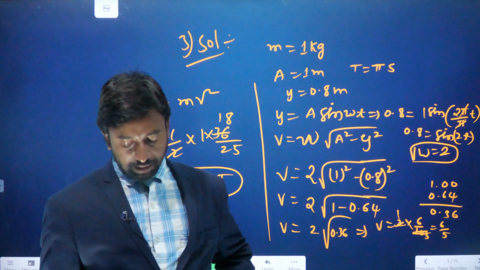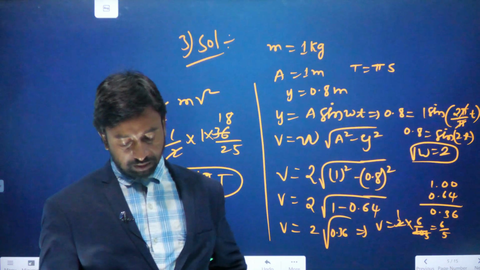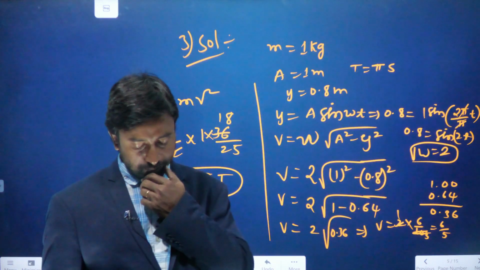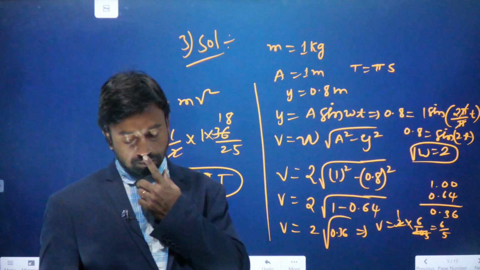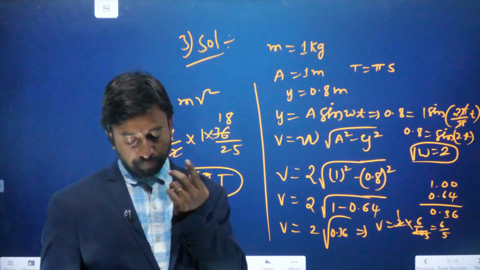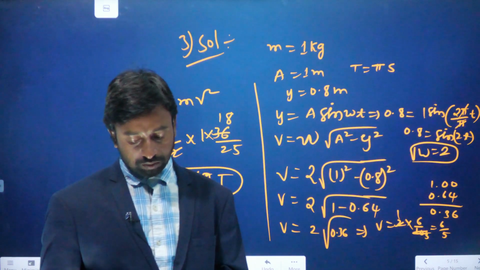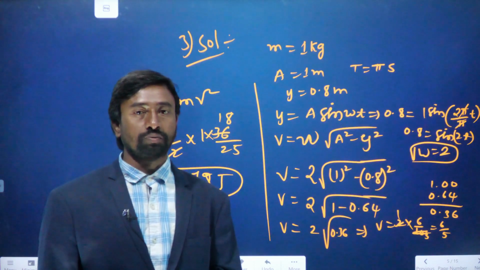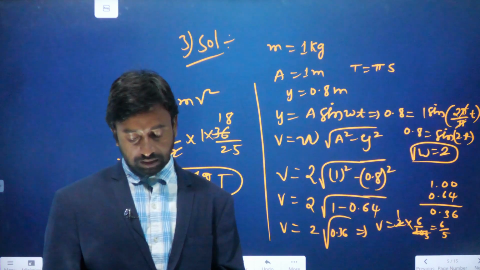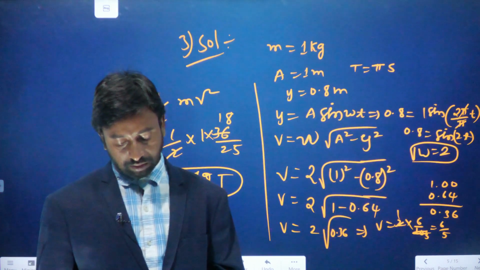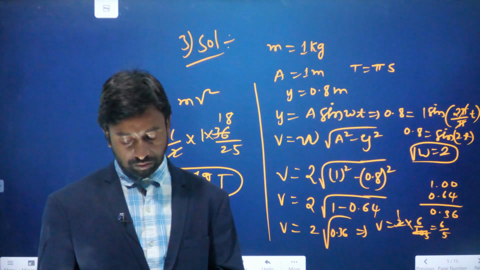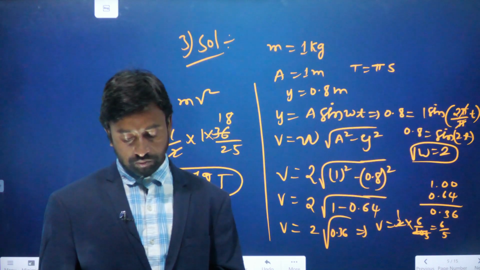They have given the amplitude ratio for the same total energy, so E is constant. Then for frequency, since energy depends on omega square, f1 square by f2 square will come there. Here it is 1 by 2 given. Then they are asking the ratio of amplitudes, a1 square by a2 square.